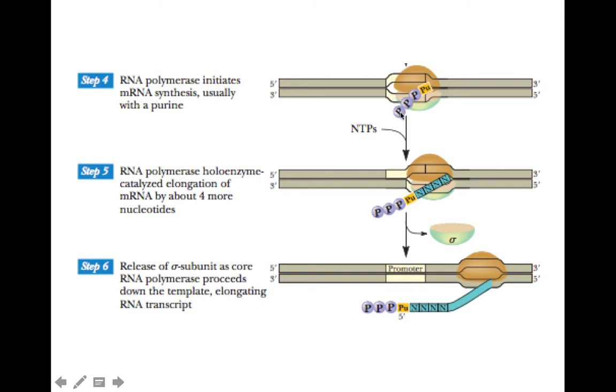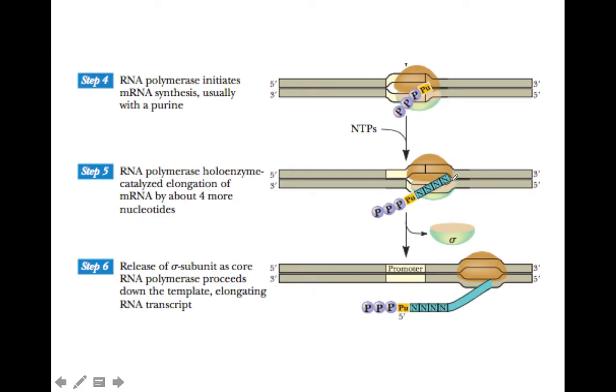So here, the nucleoside triphosphates are incorporated. So this is now your mRNA, your starting mRNA. So this will be your +1, as in the transcription start site. Tapos, you will just continue on adding the nucleoside triphosphates.